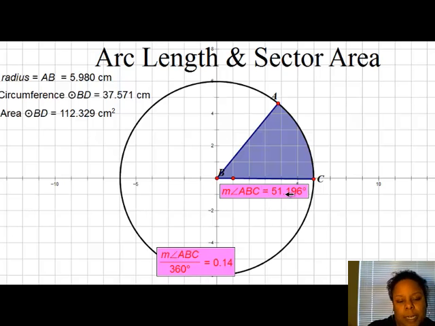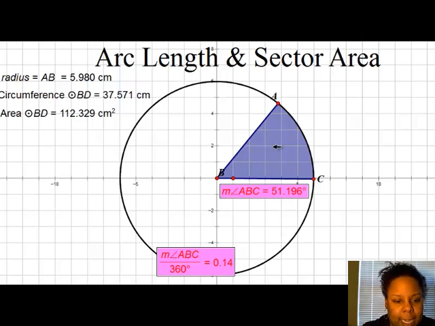This particular angle is a little bit over 51 degrees, which means out of the entire circle, which is 360 degrees, it's around 14% or 14 hundredths of the circle. We found that number by dividing the part of the angle measurement by the whole angle measurement of the entire circle, which is 360.